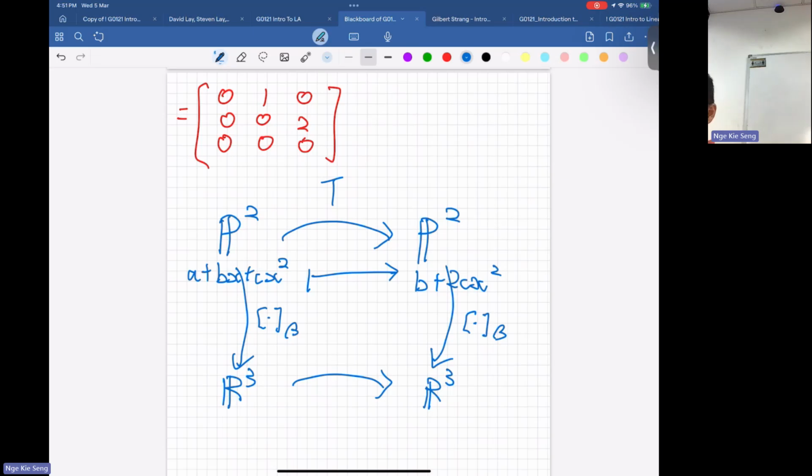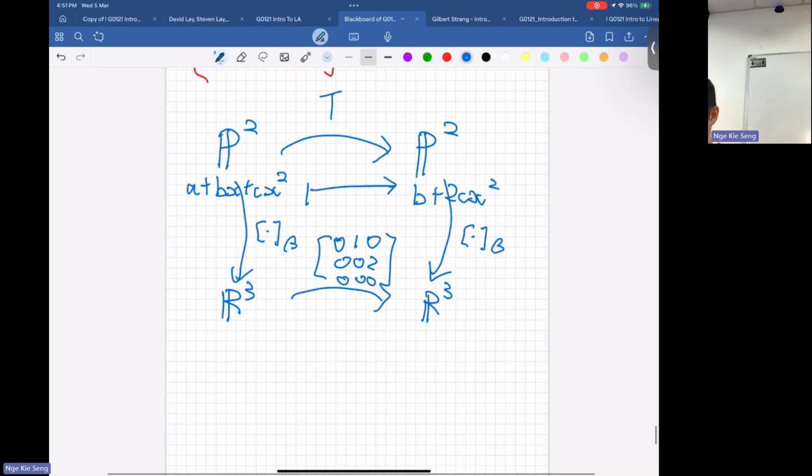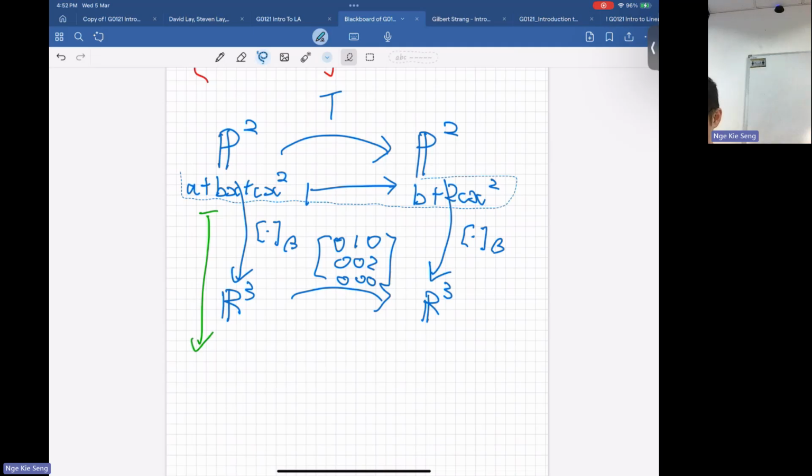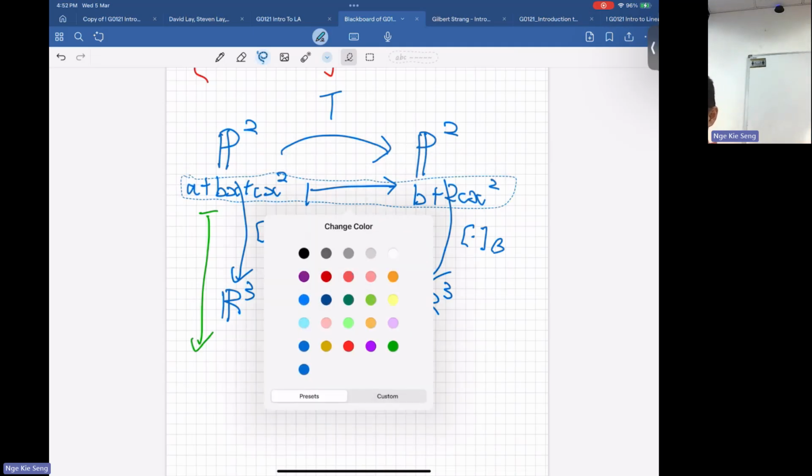And this matrix is hanging around here. So let's see whether this matrix does the job we want it to do. Let's say you have a polynomial a plus bx plus cx squared; this should go to, let's use a green arrow for elements, this green arrow here.